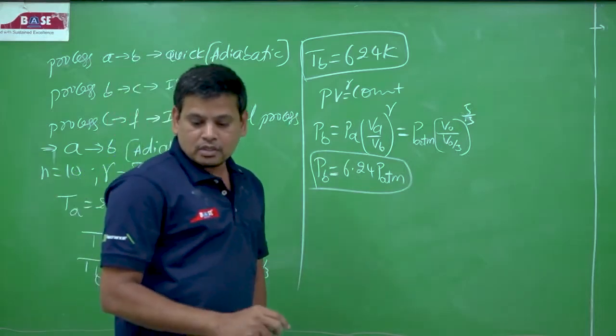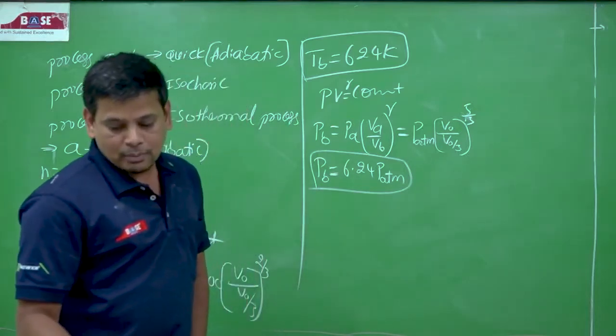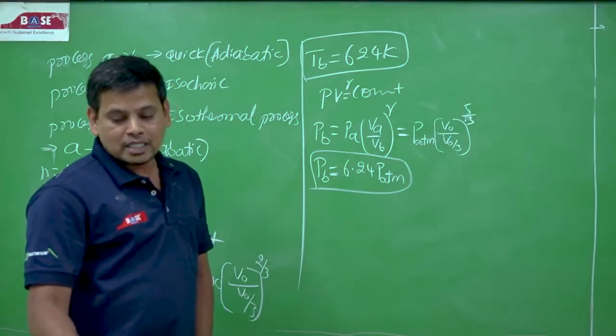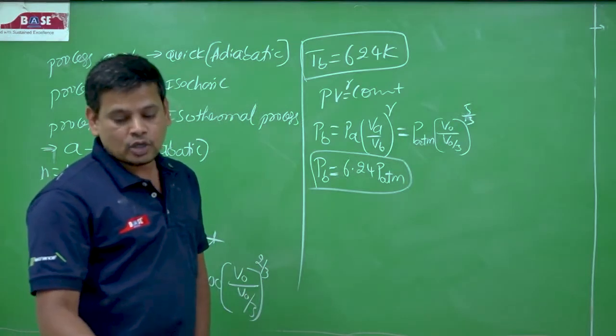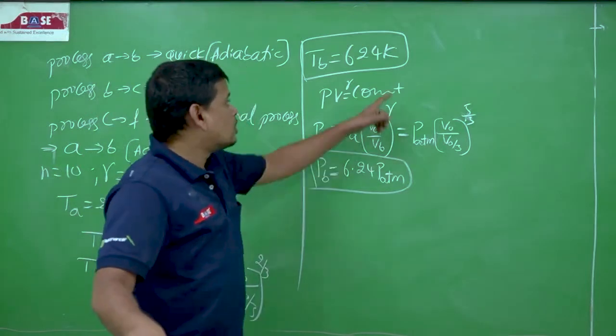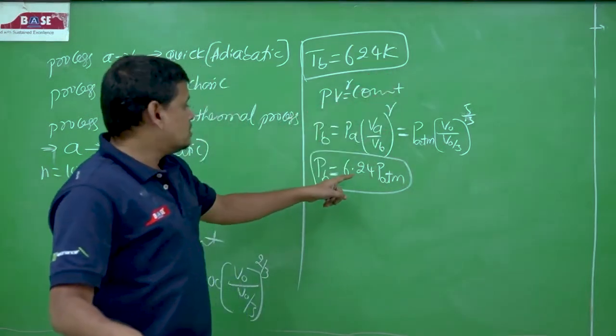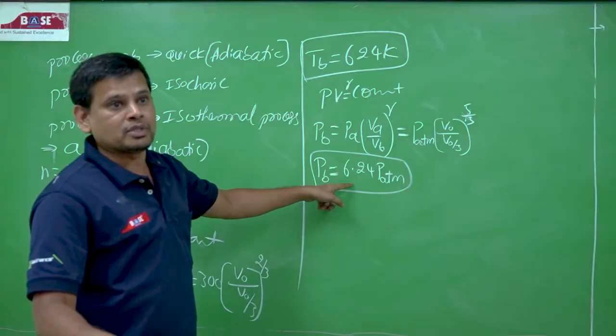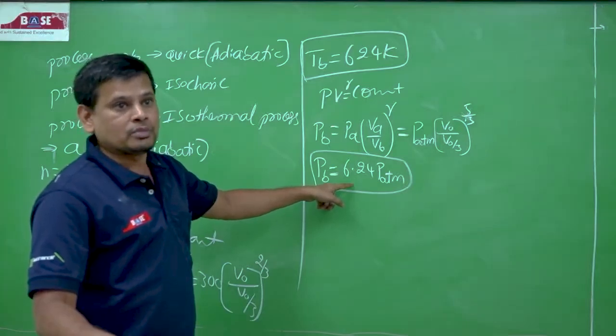One of the options mentions that the pressure and temperature at state B are 2.08 times the atmospheric pressure and 624 Kelvin. Obviously the temperature is 624 Kelvin as we got from here, but as you can see the pressure is not 2.08 times, it is 6.24 times.